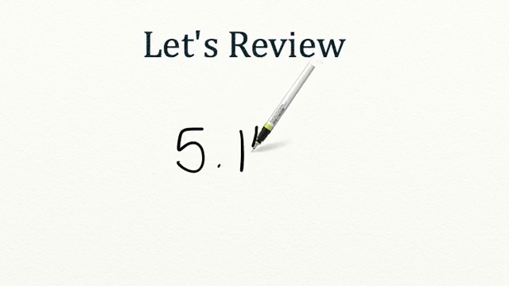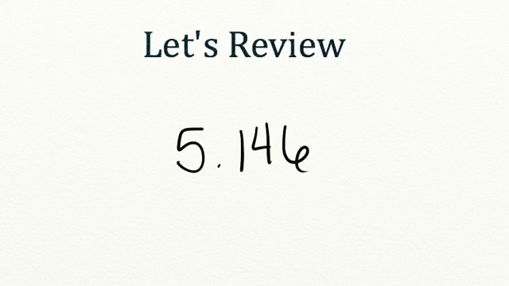Let's review what you've learned in today's lesson. There are 3 simple steps for rounding decimals. Let's use the example of 5 and 146 thousandths. Step 1, underline the place value that you're rounding to. So let's round to the tenths place. Step 2, look at the number directly to the right of the place value you're rounding to.